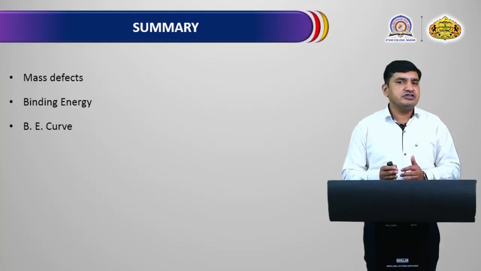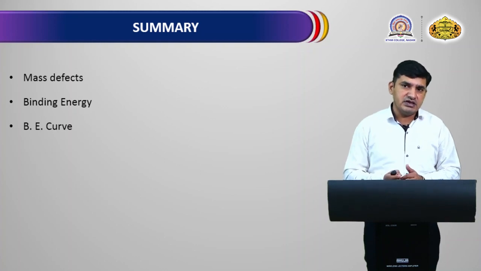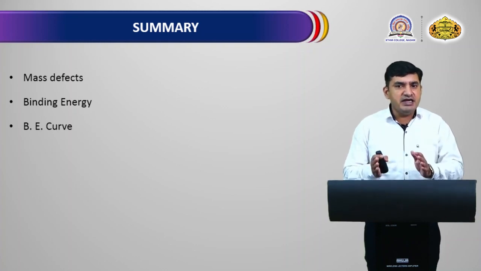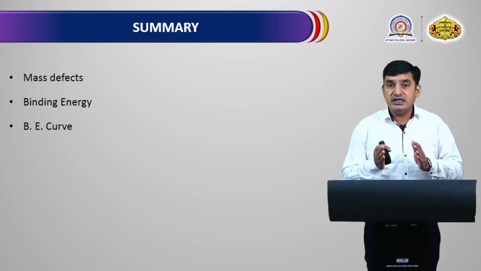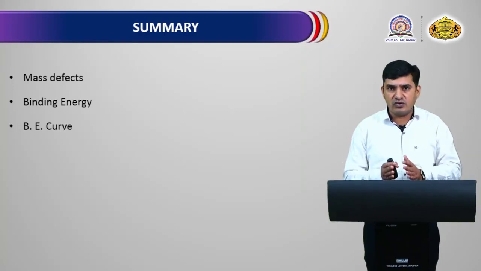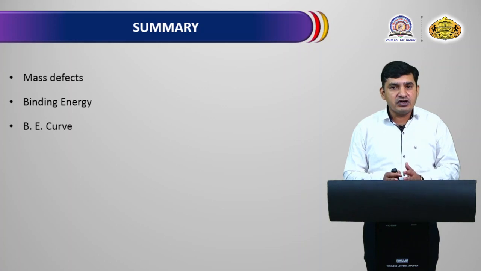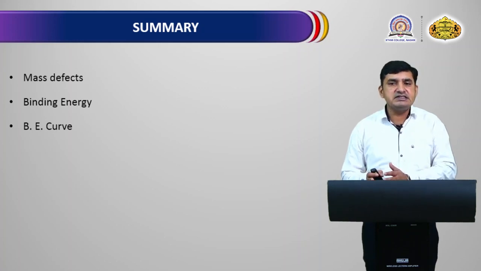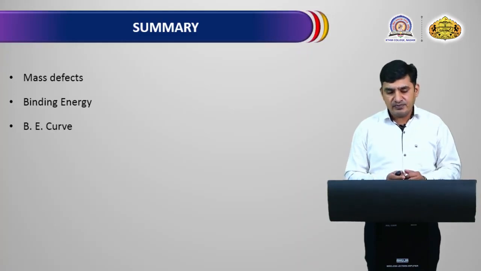After iron, Fe56, the binding energy decreases. The average binding energy of that flat portion is 8.5 mega electron volt, and the binding energy for uranium is 7.6 mega electron volt.